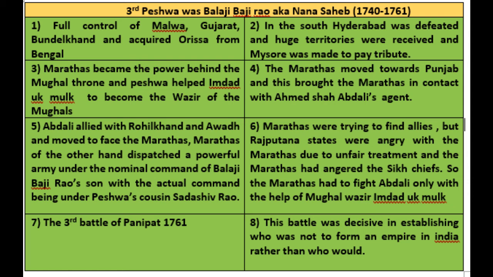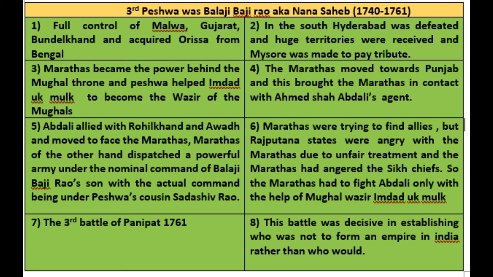In the north, the Marathas became the power behind the Mughal throne, and the Peshwa helped Imdadul Mulk to become the Wazir of the Mughals. After Delhi, the Marathas moved towards Punjab, and this brought the Marathas in contact with Ahmad Shah Abdali's agent. Ahmad Shah Abdali allied with Rohilkhand and Awadh and moved to face the Marathas.